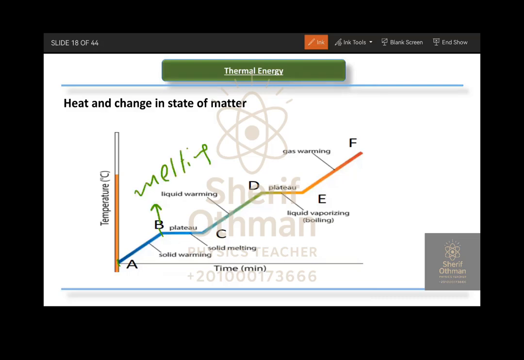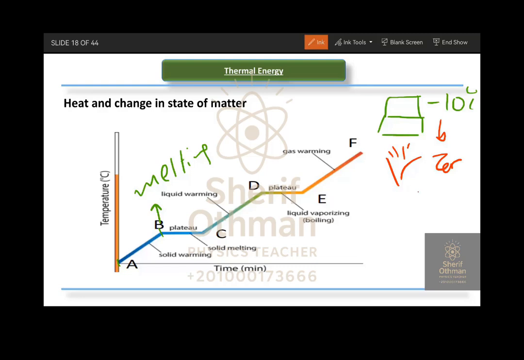Say we have a piece of ice at a temperature of -10 degrees. So I will add heat to increase the temperature. Increasing the temperature will make the temperature change from -10 to 0. This slope from A to B represents the increase of temperature.